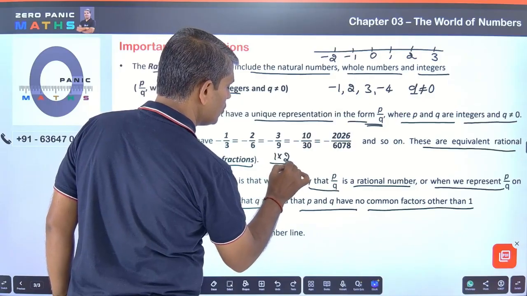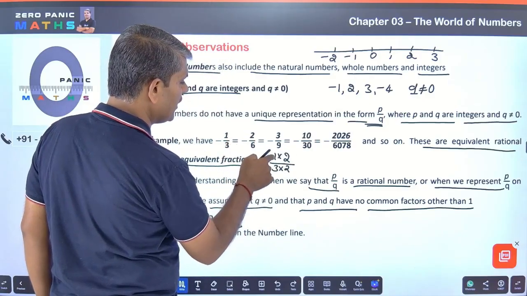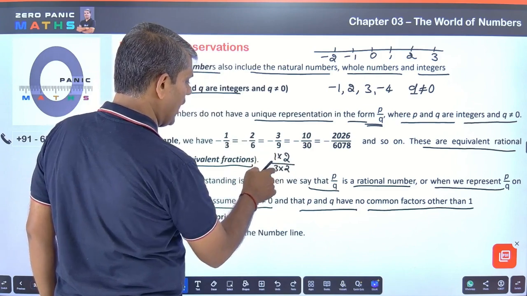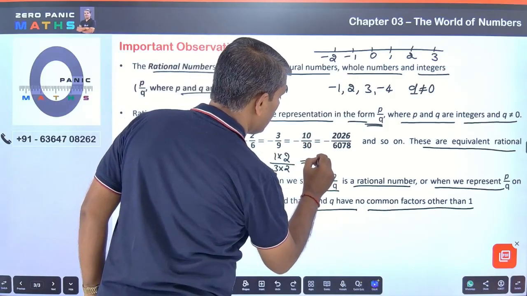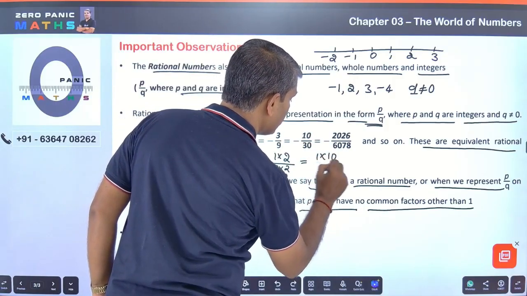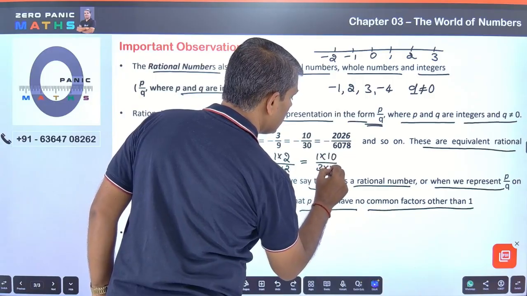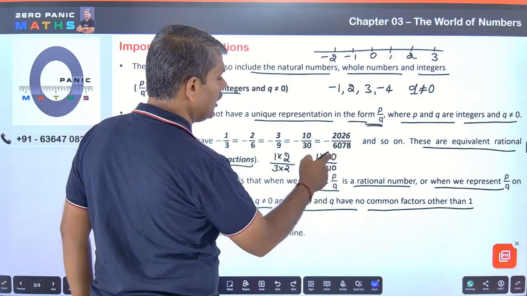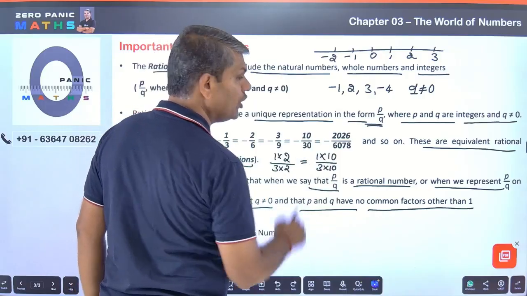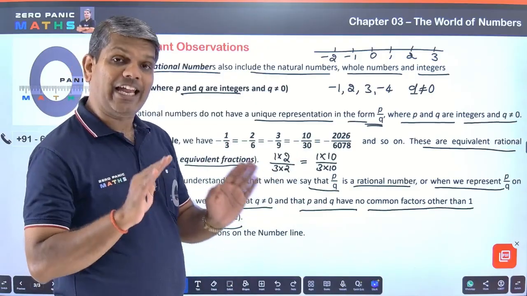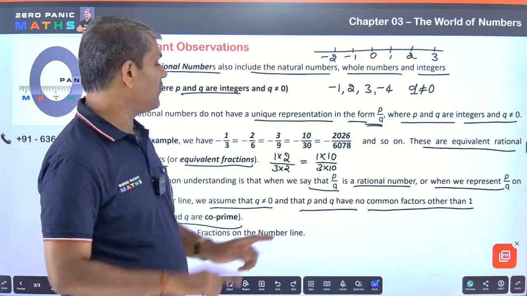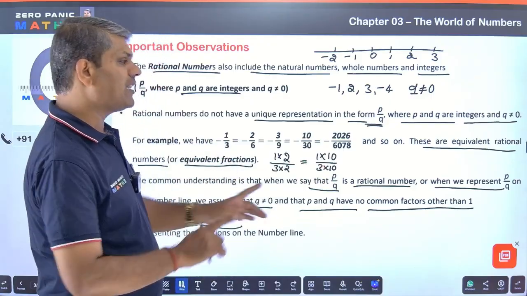See, I can write 2 by 6 in the form of 1 into 2 and 3 into 2. Similarly, between 10 by 30 also, there is one common factor which is 10. So you can write 10 as 1 into 10 and 30 as 3 into 10. It means that 10 and 30 have one common factor 10 which is other than 1.